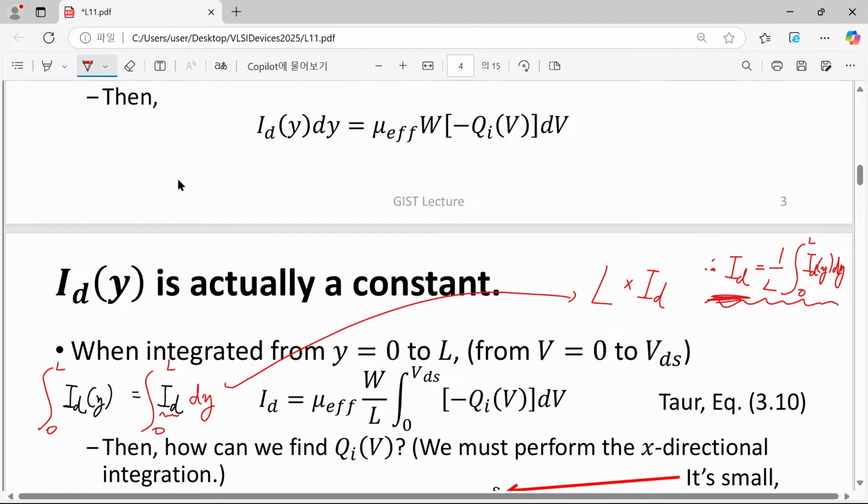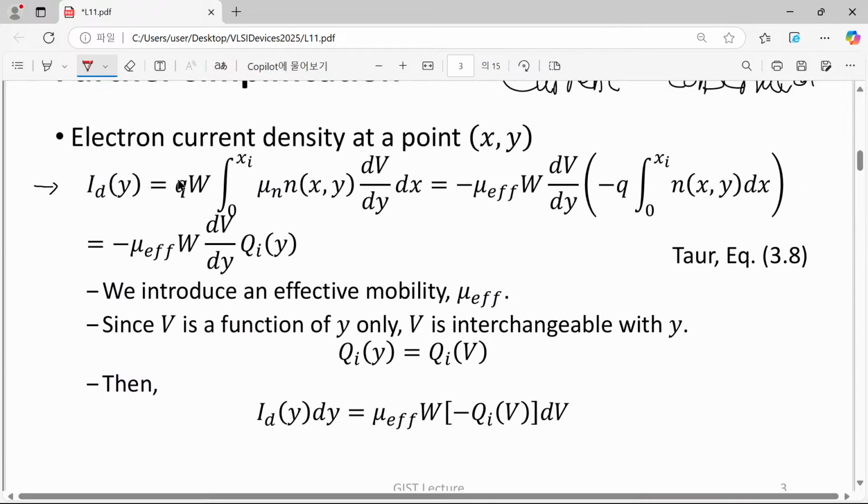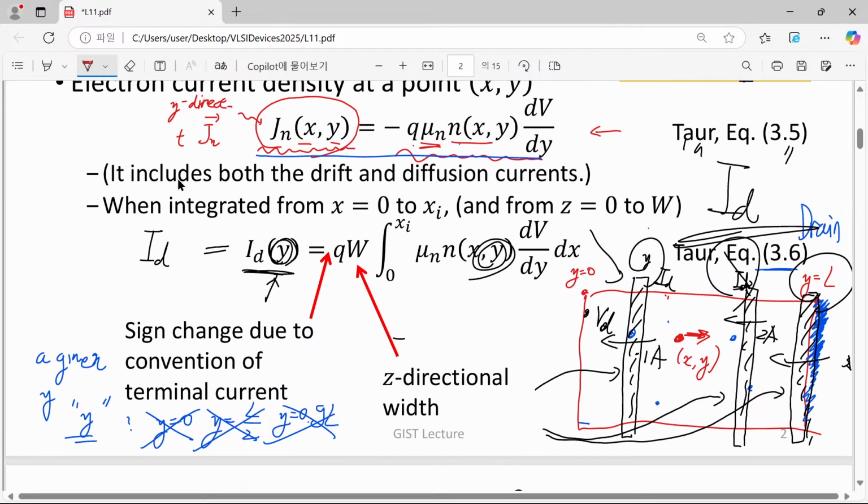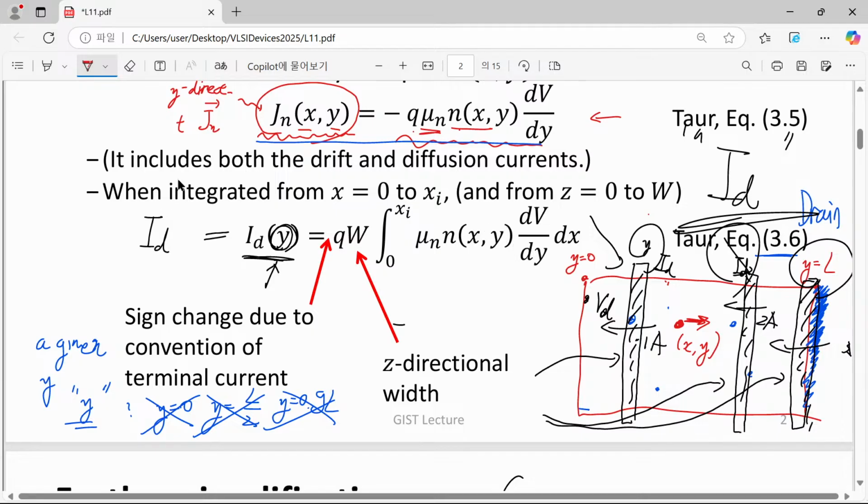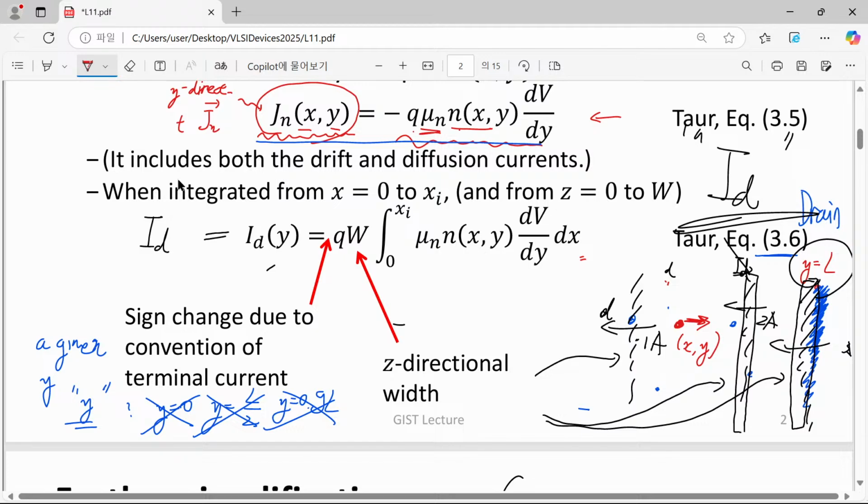The terminal current measured at the terminal is related to the internal quantities, and this internal quantity is given as this kind of simple expression here.